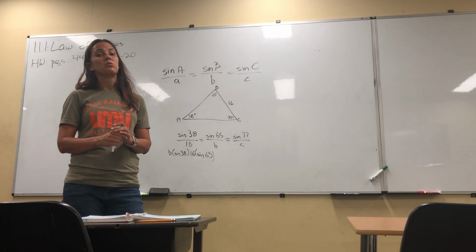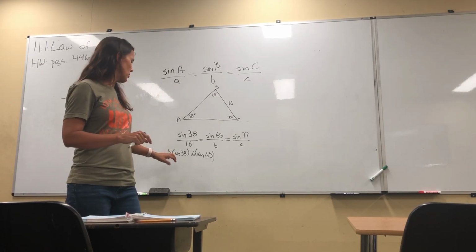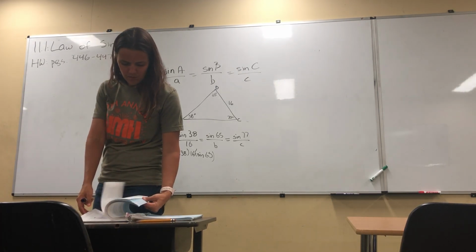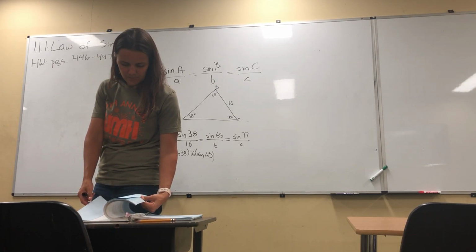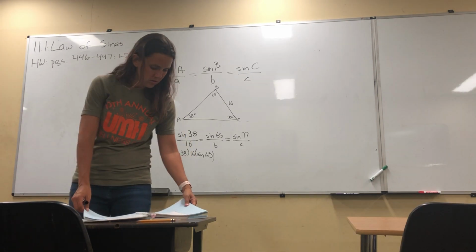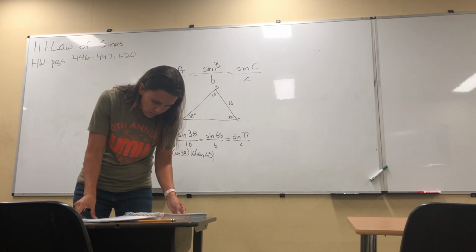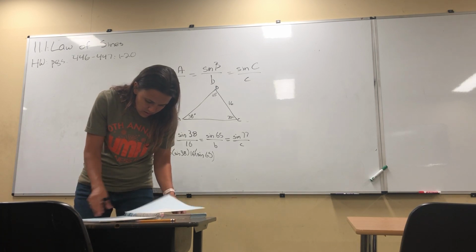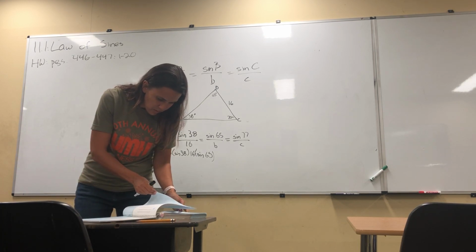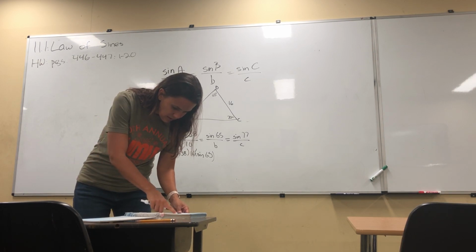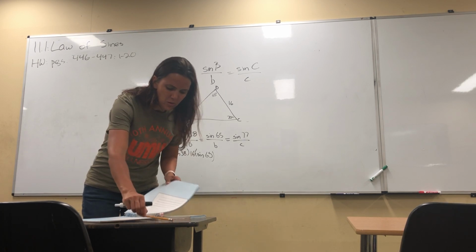Remember, you have a calculator, but I'm using my calculator to record this, so I have to go to the table in the back of the book to look for the sines and cosines. The first one is 38 degrees, which if you feel like using your table is on page 616. The sine of 38 degrees is 0.6157.